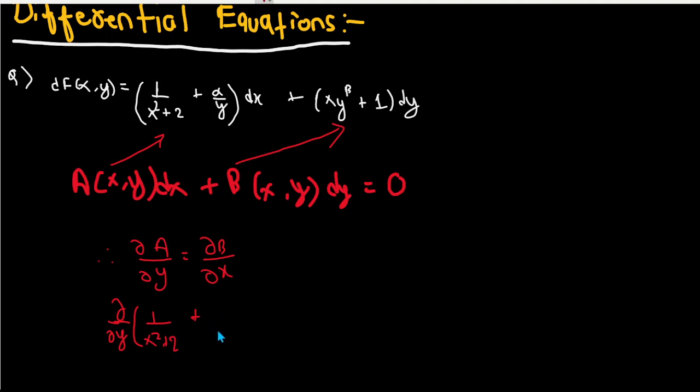If you differentiate 1 over y with respect to y, it equals the negative of alpha divided by y squared. This can be written as equal to differentiating B with respect to x, so del upon del x of x y to the power beta plus 1.